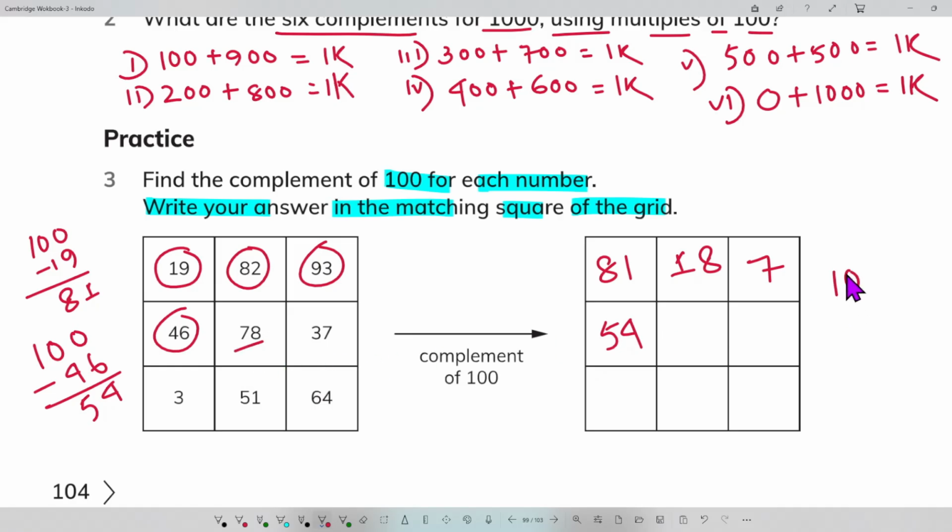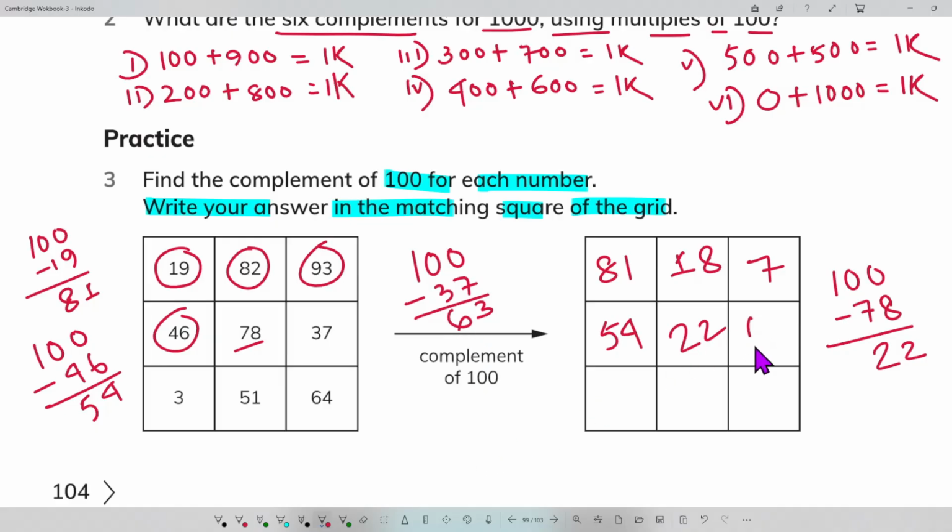78. 100 minus 78. So here is a 2, and here is also 2. 22. 37. 100 minus 37. So here is a 3. So 10 minus 3, so here is 63.